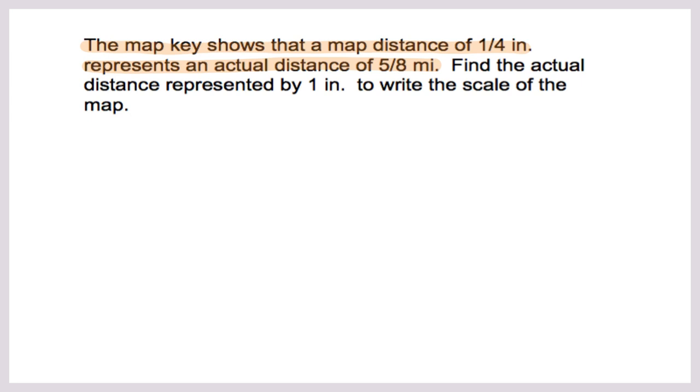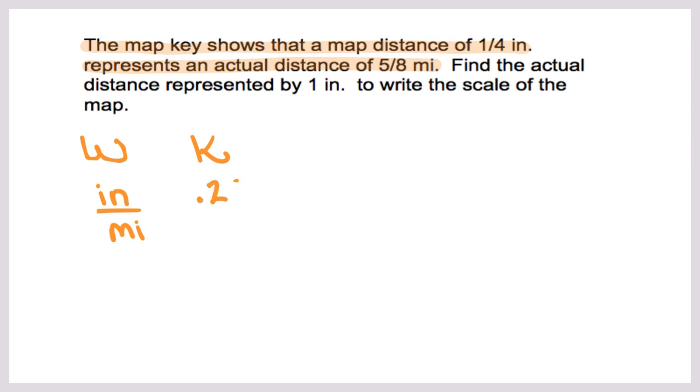So I can start with this. What are the words we're given, the units? Inches over miles. Okay, we've got inches and miles. And what is the known? 1/4. Okay, so 1/4 of an inch, 5/8 of a mile. We can turn those to decimals. They terminate.